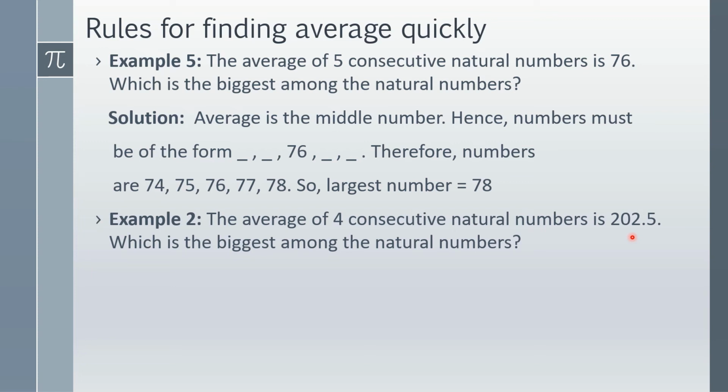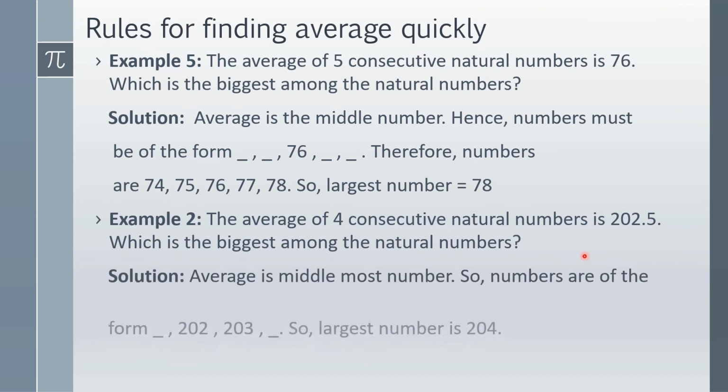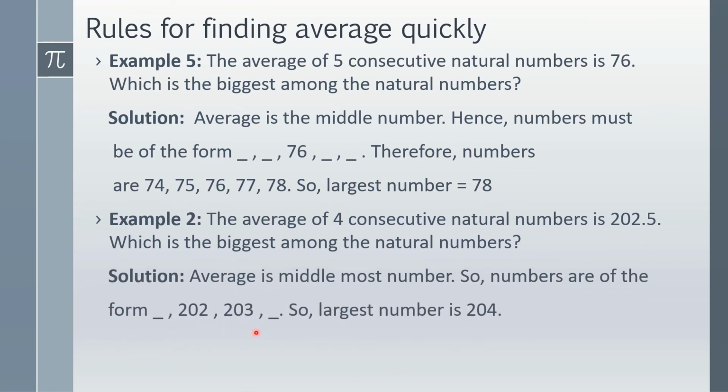They would have had to be 202 and 203 for the average to be 202.5. So 202 and 203 were the middle numbers, and therefore the numbers would have been 201, 202, 203, 204. So the largest number is 204 since all numbers are consecutive natural numbers.